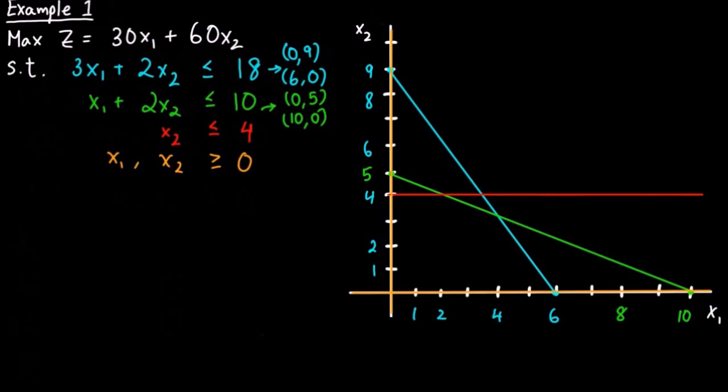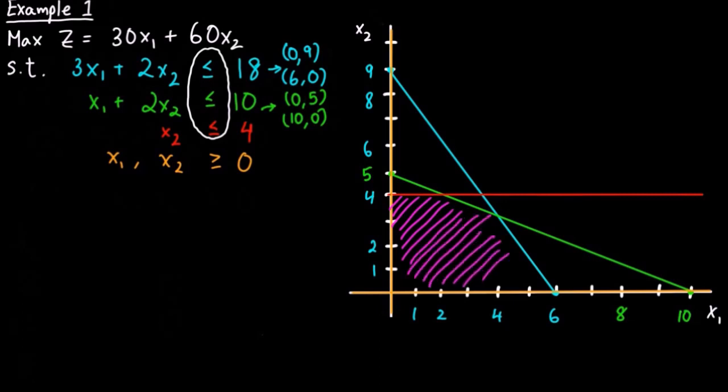Now we can deal with our inequalities, and since all the constraints except the non-negativity are less than or equal to, we know that our feasible region must lie below all of these lines. So the region I'm shading in will be our feasible region. And this is bounded by several boundary points, which I'll start labeling.